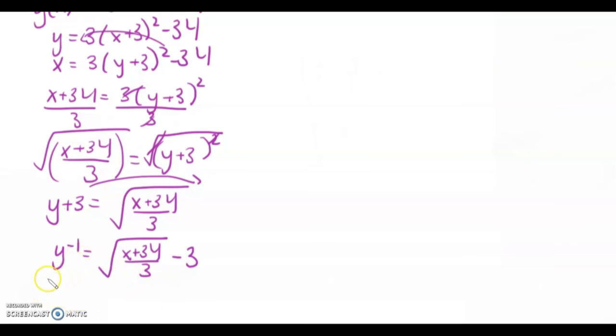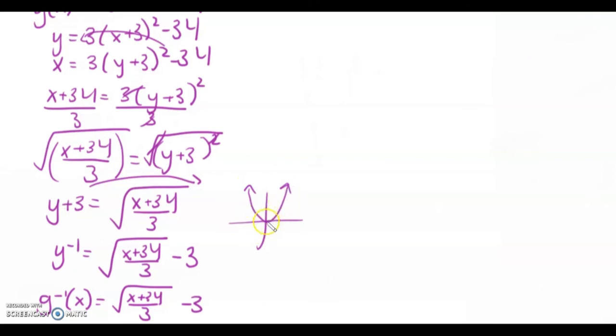Okay, we want to substitute back in that g at x notation. So g inverse at x, and then I'm just going to copy down exactly what I have. So here's the thing. Because we're going from a quadratic to a root function, we actually have to take into account this plus-minus option.